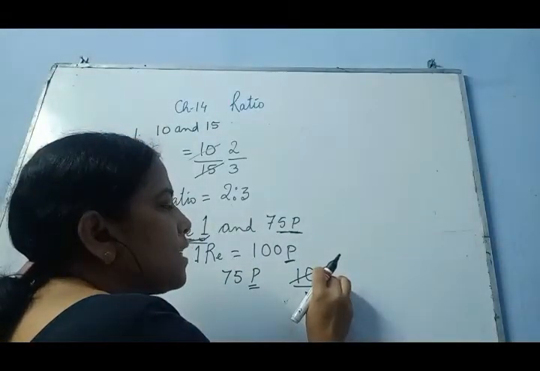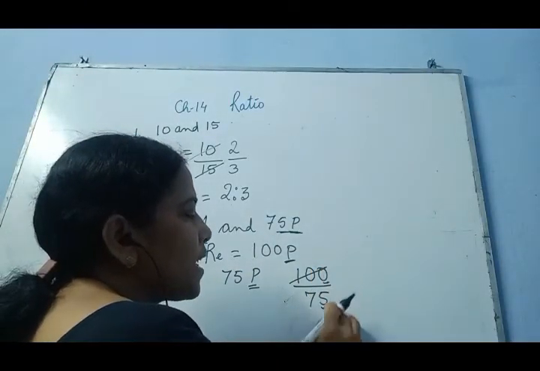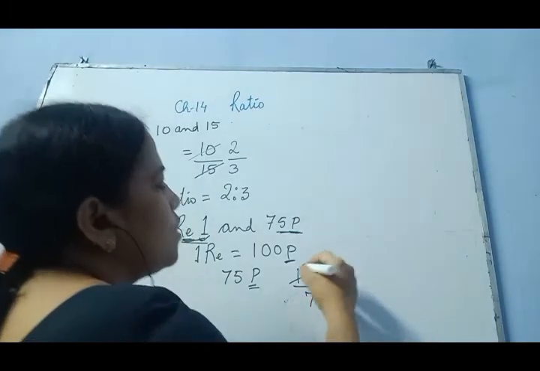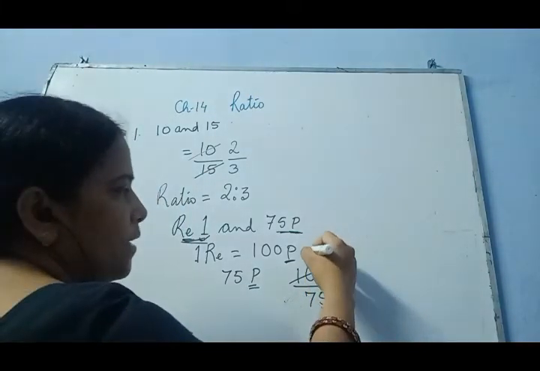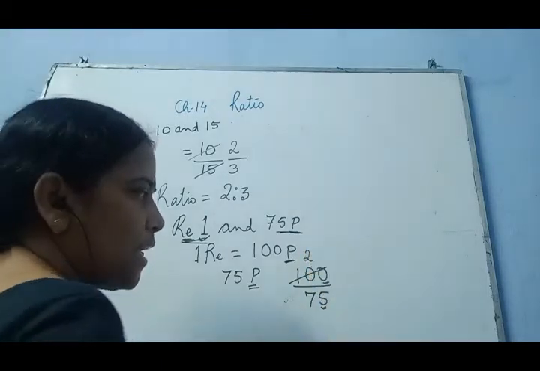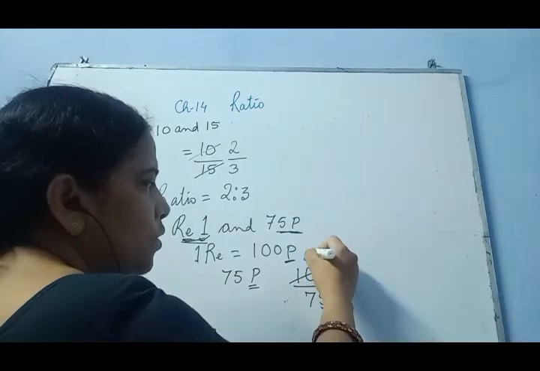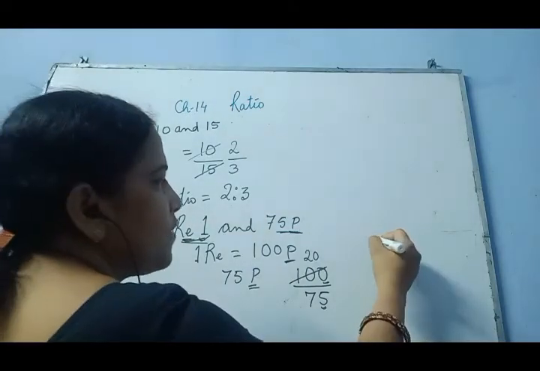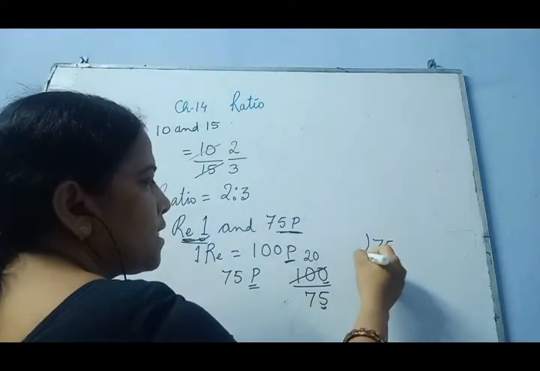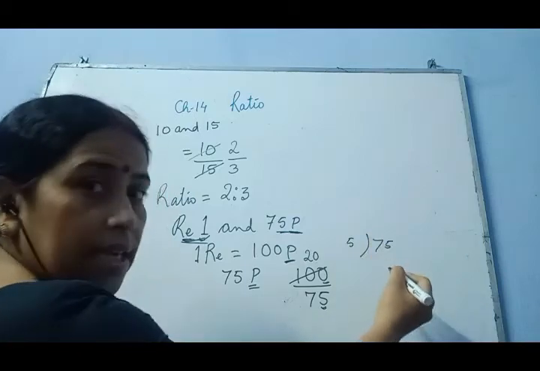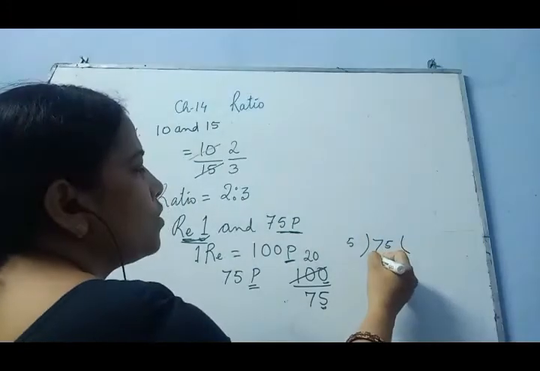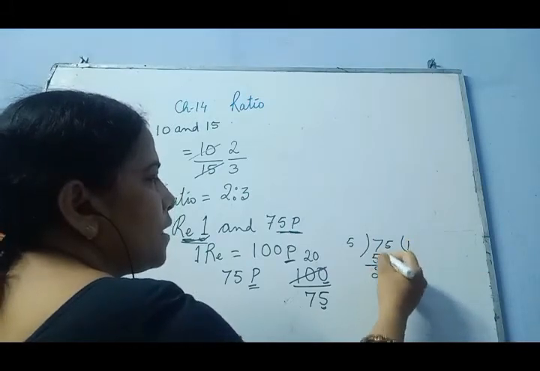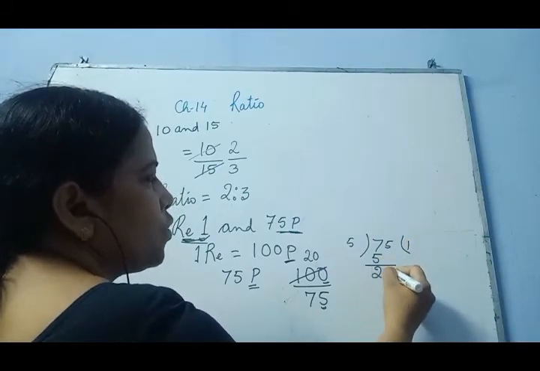So what do we see? That both these numbers will cut by 5. Then we will try how many times? 5 2s are 10, okay, 2, and then 0 we will write here. Understood? Now 75, let us divide by 5. 5 1s are 5, then subtract, you get 2 over here.